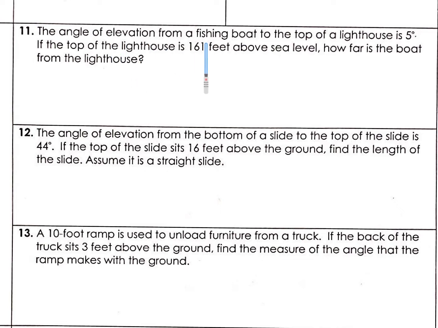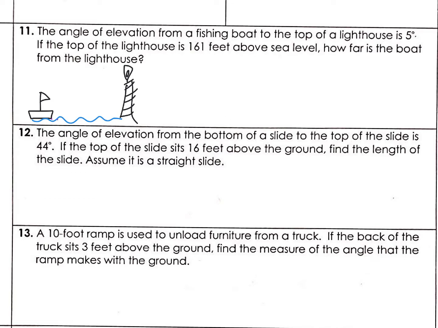The angle of elevation from a fishing boat to the top of a lighthouse. So I am going to draw a fishing boat and a lighthouse. So there's water, and now clearly a fishing boat does not have eyes, so we're going to assume it's at the bottom of the boat.